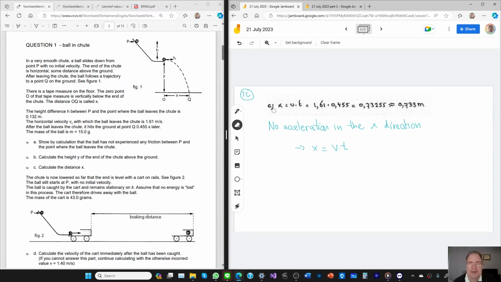So then you just use this simple kinematic relation, that x is v times t. And you just plug in the velocity and the time that you found in the previous question. And then you find, again, all the inputs are in three significant figures, so your end answer is also three significant figures.